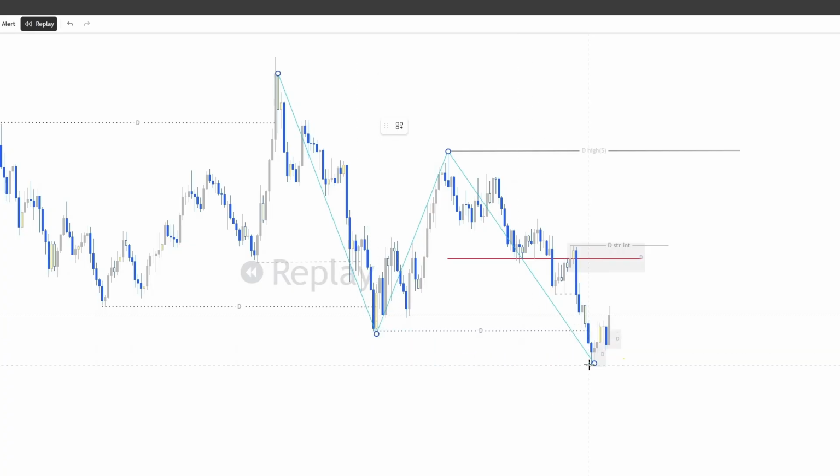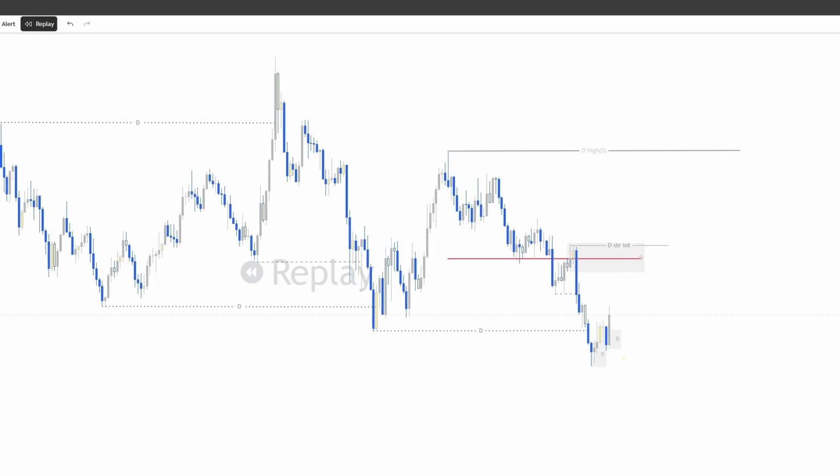So this is how it goes. We have lower low, lower high, and then lower low. So this tells me we are in a downtrend from looking at the daily chart.